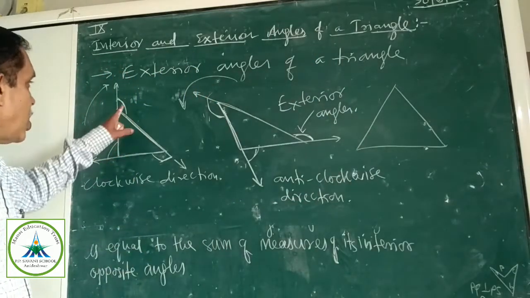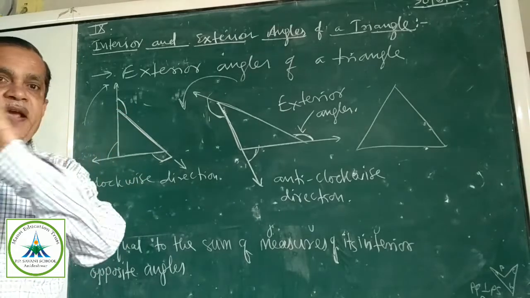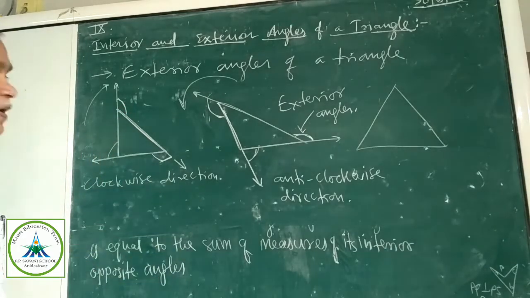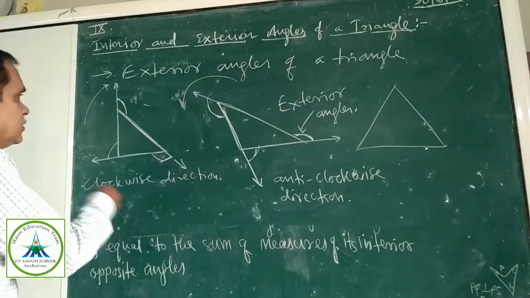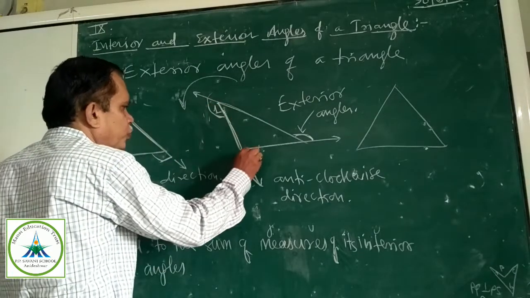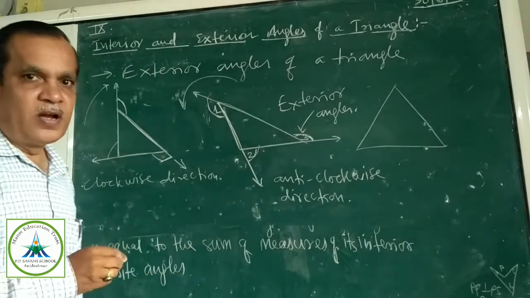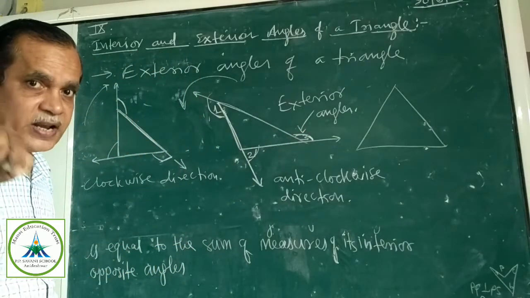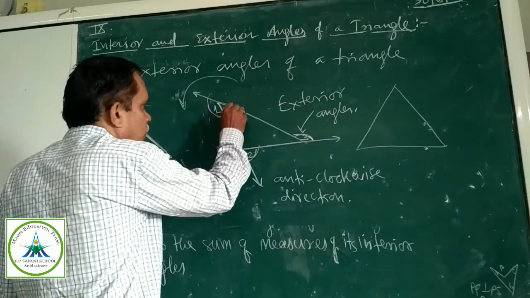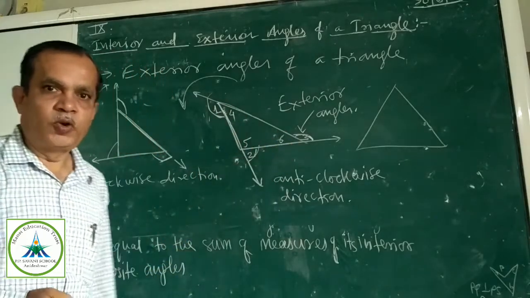Now see, how many exterior angles we got for a triangle? 3 exterior angles. Now let us come to any one. I'm taking this diagram. I'm numbering: 1, 2, and 3. Right? I'm numbering the interior angles also: 4, 5, 6. Got it?